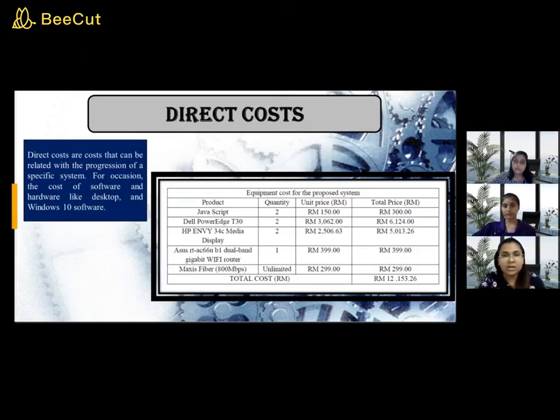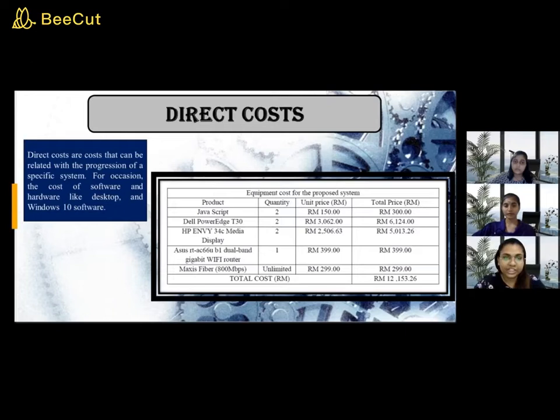Unit price for JavaScript is 150 and total price for JavaScript is 300 ringgit. Quantity for Dell PowerEdge T30 is 2 and unit price is RM 3062, and total price for Dell PowerEdge T30 is RM 6124.